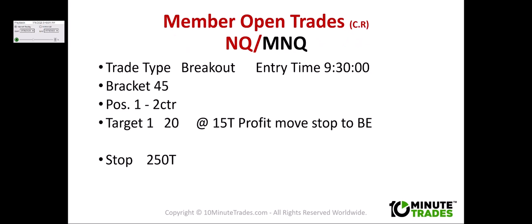One of our members has been trading the MNQ NQ open with a breakout. He enters at 9:30. He uses a bracket of 45, and he has 1 or 2 contracts, and his first target is small. It's just 20 ticks, and he moves his stop to break even if he hits 15 ticks.